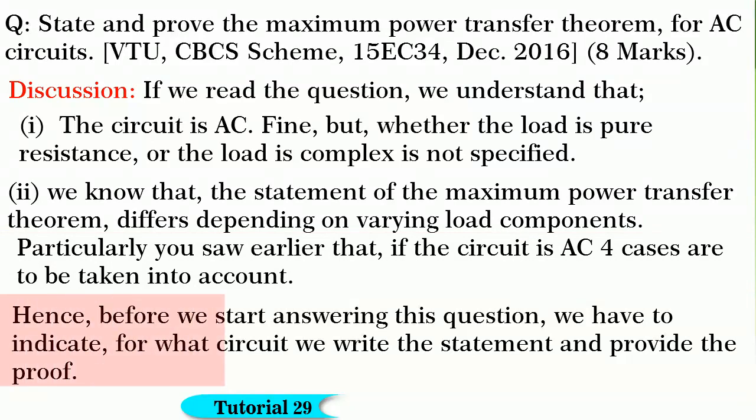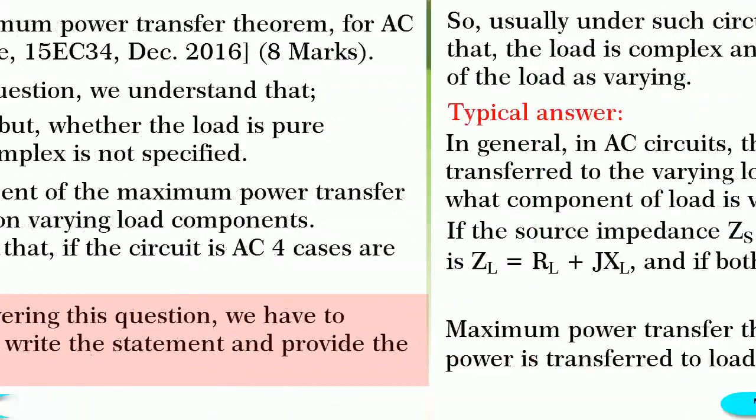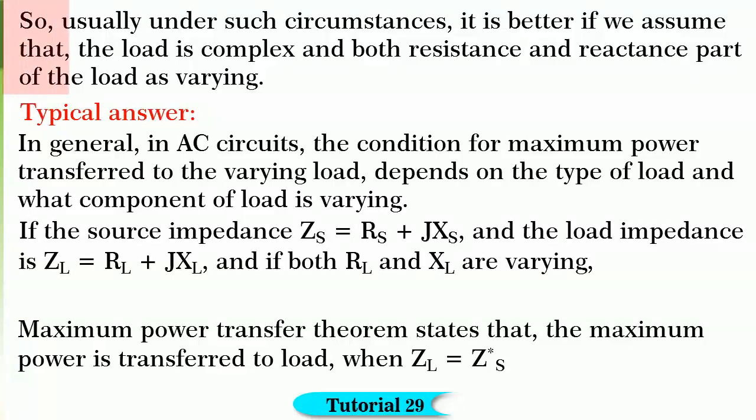Hence, before we start answering such questions, we have to indicate for what circuit we write the statement and provide the proof. So, usually under such circumstances, it is better if we assume that the load is complex and both resistance and reactance part of load are varying. Also, that is usually done in practice. So, the following could be the typical answer. Friends, I do not claim that this answer is unique.